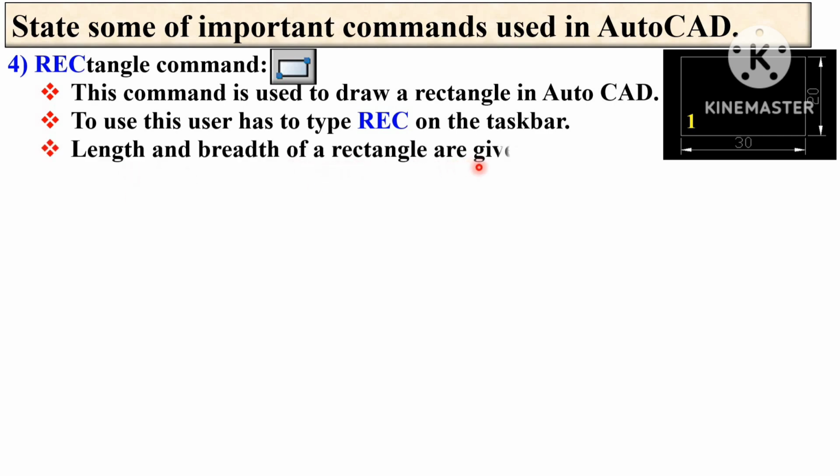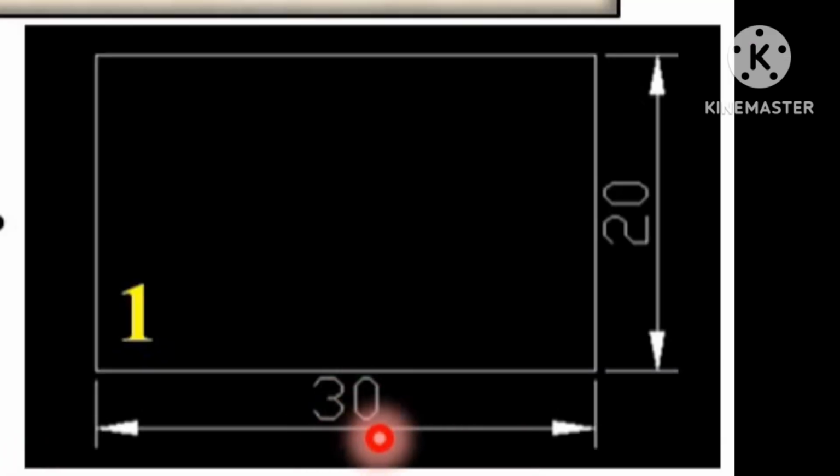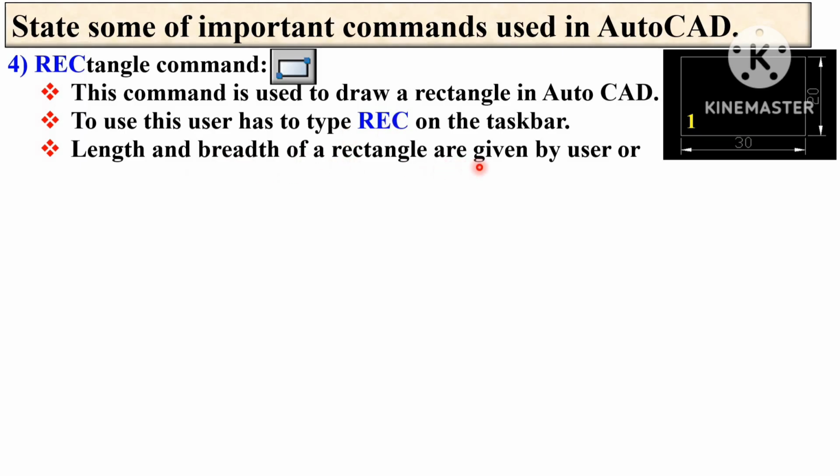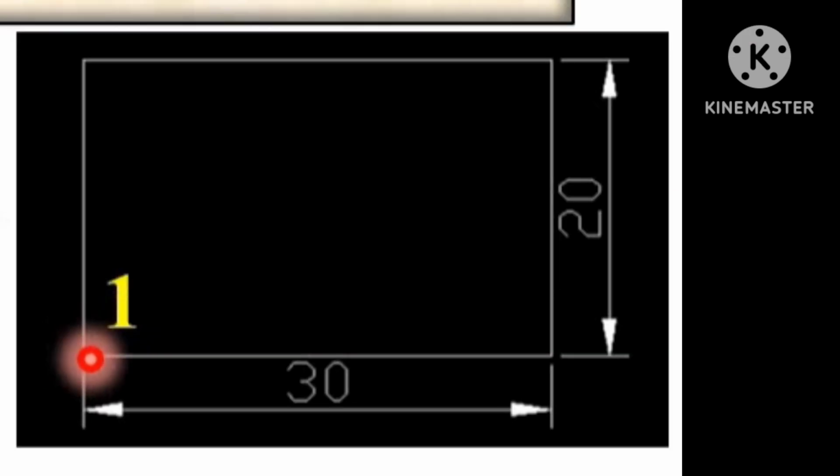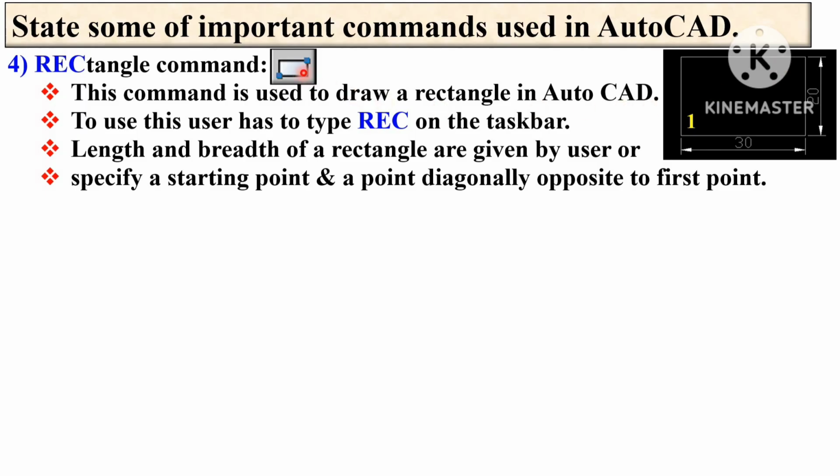Length and breadth of a rectangle are given by the user. Here you can see length is 30 and breadth is 20. These are the input parameters for the rectangle command. Or specify a starting point and a point diagonally opposite to the first point. In the symbol also you can understand, this is the diagonal and this is the first point, or you can say the starting point of the diagonal, and this is the end point of the diagonal.